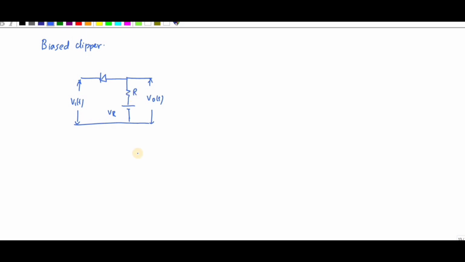It is named so because the adjustment of the clipping level is achieved by adding a bias voltage in series with the diode or resistor. This one is similar to that one, both circuits are the same.